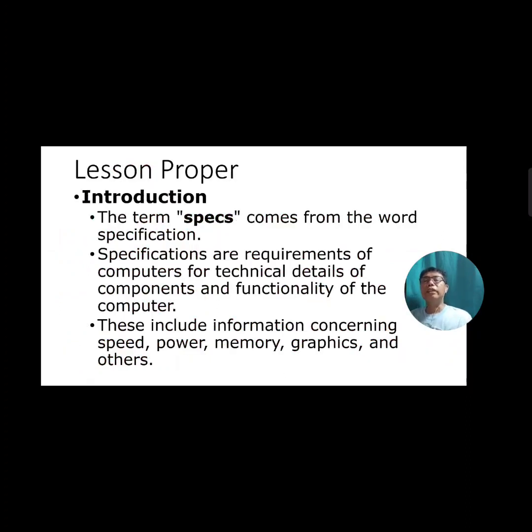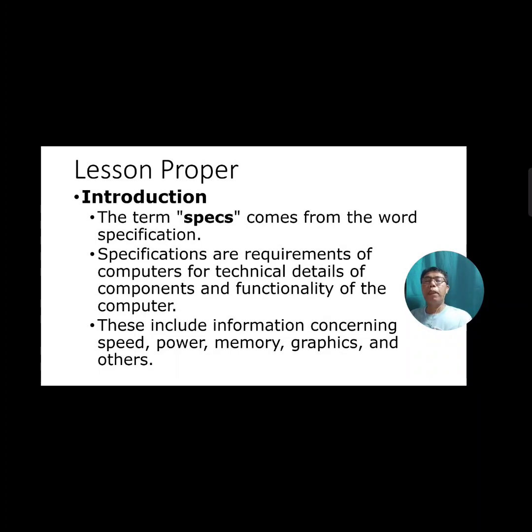Okay, let's go to the lesson proper. We have here the word specs. The term specs comes from the word specification, or is the shortcut of the word specification. Specifications are requirements of computers for technical details of components and functionality of the computer.